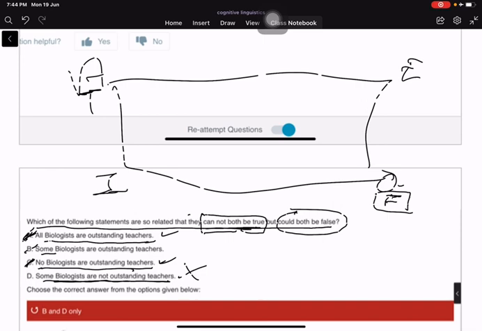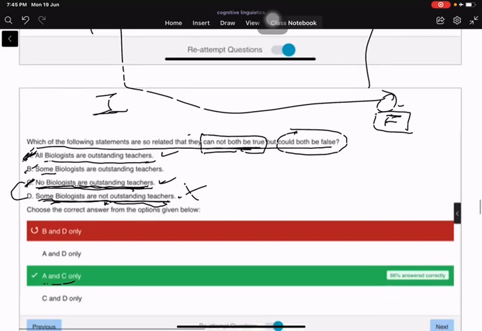If no biologists are outstanding teachers, then some biologists also cannot be outstanding teachers, because there is a complete opposition between C and D. And all biologists are outstanding teachers and no biologists are outstanding teachers: these are the two which could both be false but not both true.